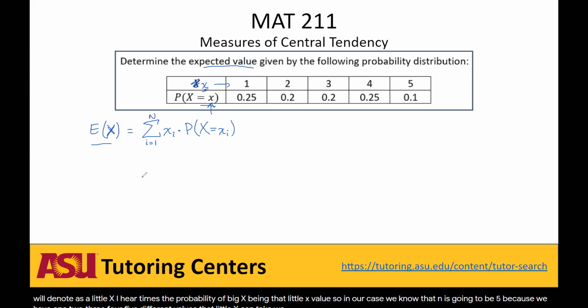So we want to go through and multiply each of these values that little x can take by its associated probability, and then we're just going to add those all up.